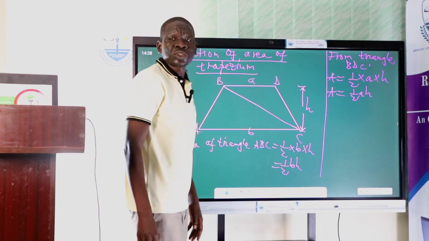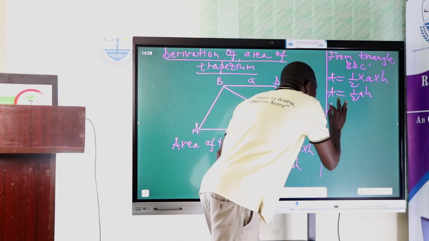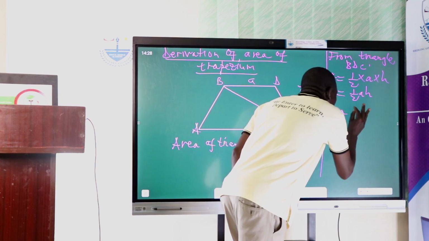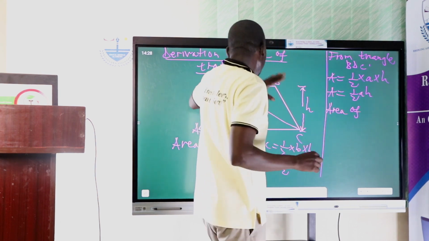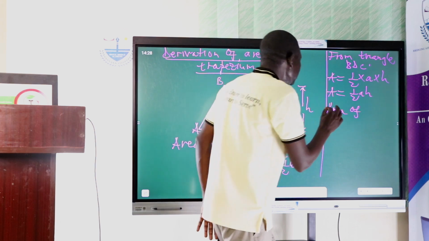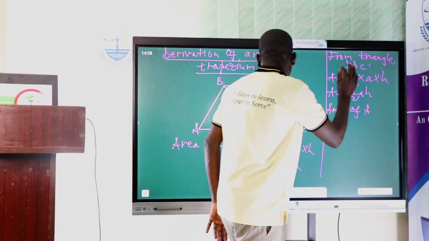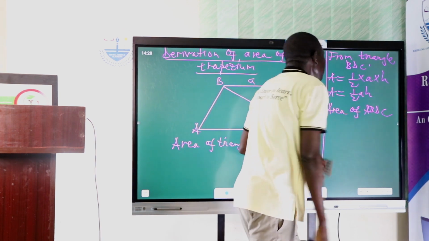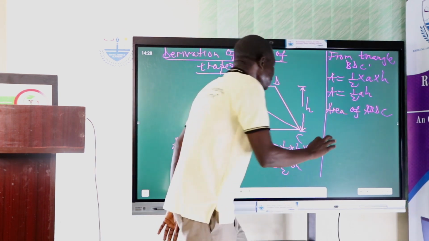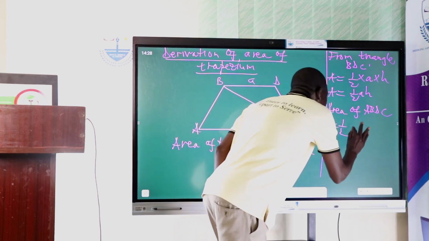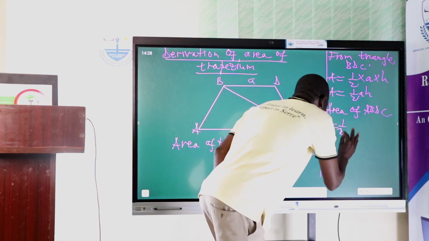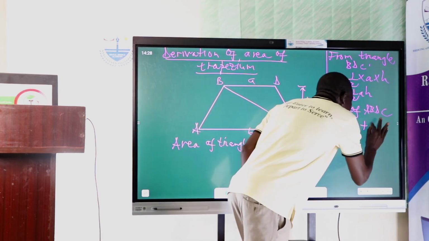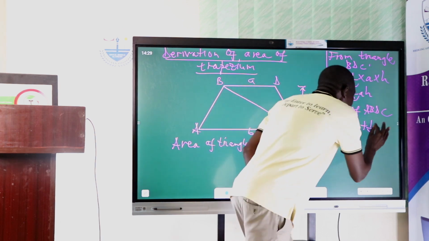Then we now get the total formula, the general formula. Area of the trapezium now, the whole figure, which is A, B, D, C. So the area of that figure, which is a trapezium, will now be got by a half b h plus a half a h.